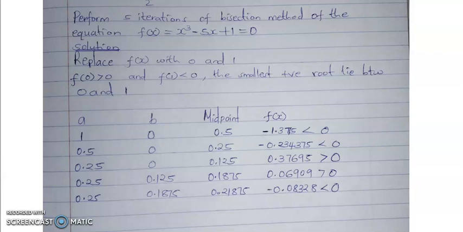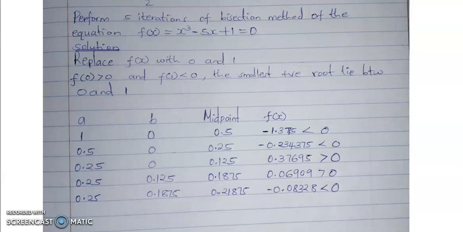First of all, we start with the number 0. Replacing 0 in that equation f of x, you get that your answer is 1, and 1 is greater than 0.